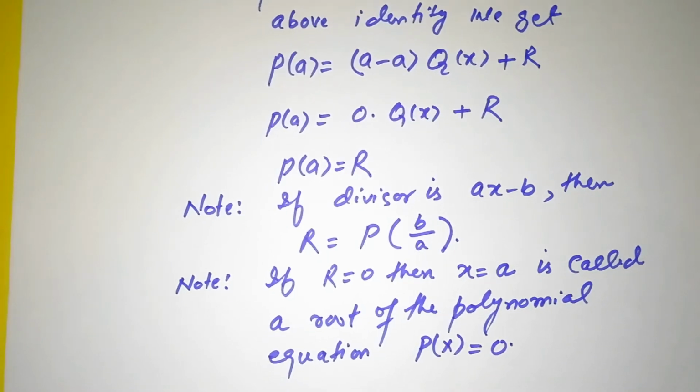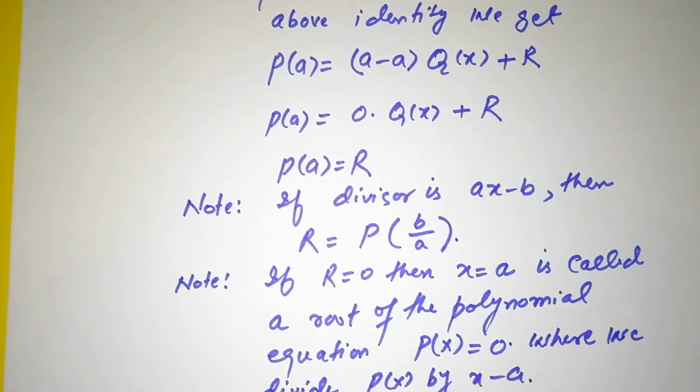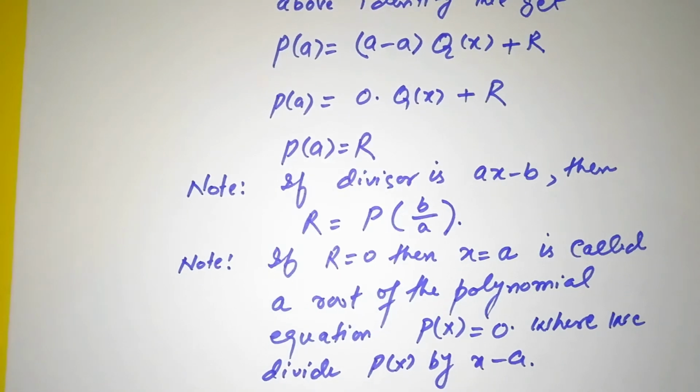This is a very important point. If we divide this polynomial by x minus a and get remainder 0, then x equal to a is called a root of the polynomial equation.